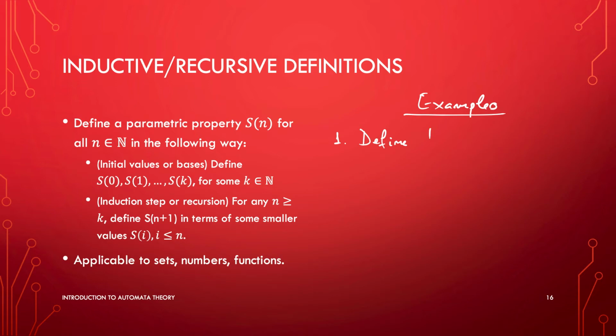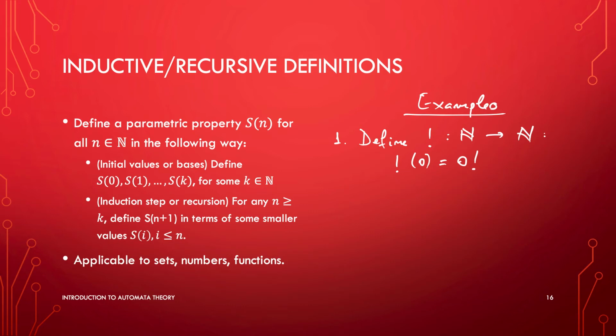This factorial function, I'm going to use this exclamation mark for it. It's a function that takes as arguments natural numbers, and it gives you as a value another natural number. And I'm going to define it using this idea of a recursive definition in the following way. I define it first for 0, so I will say the factorial applied to 0. This is also written sometimes as 0 factorial, maybe the more familiar form.